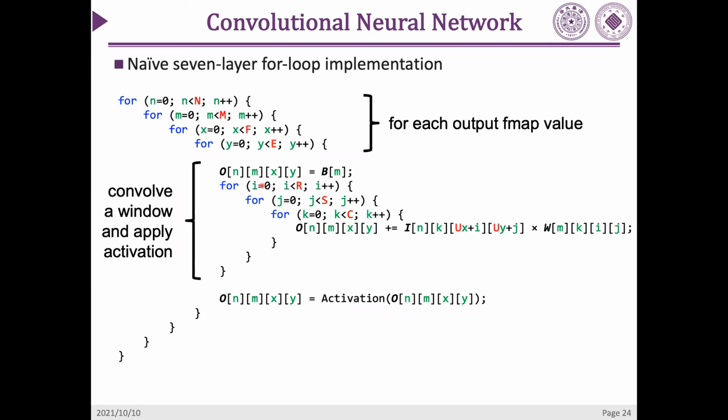So people are thinking about how to change the order of computing the loops. And for this part, they are for each output feature map value, and for this part is the convolve window and apply the activation part.